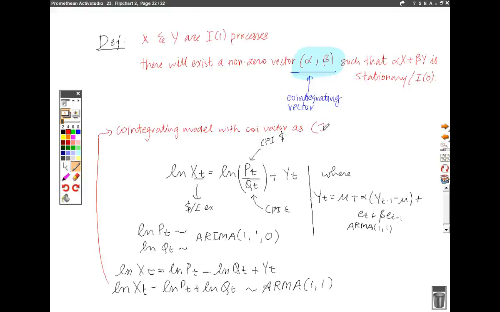So it will have coefficient 1, -1 and 1. And the model which I am describing is log of xt, log of pt, log of qt. So it comprises of these variables where t takes values, so on and on.